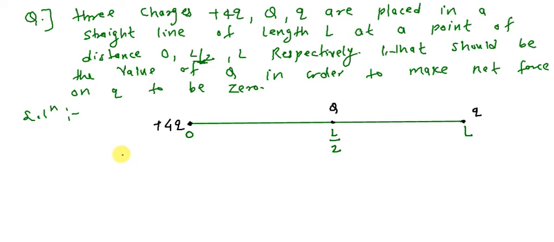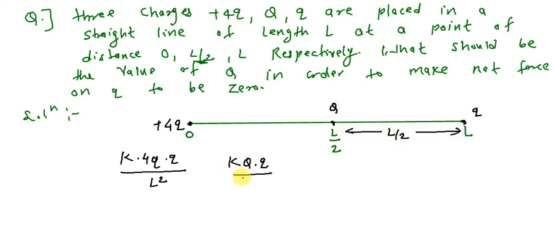So how much force will this 4q charge exert on this small q charge? That is given by Coulomb's law: k into 4q into q divided by r square, and r here is 0 to L, that is L square. And how much force will this capital Q exert on this charge? That is k into capital Q into small q divided by the distance L by 2, the whole square.